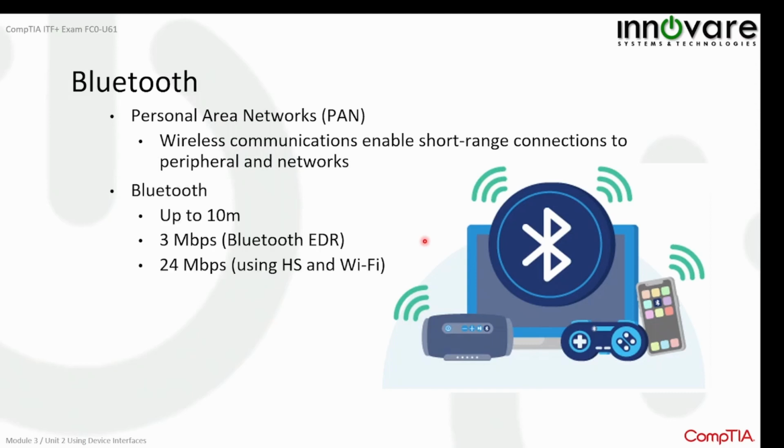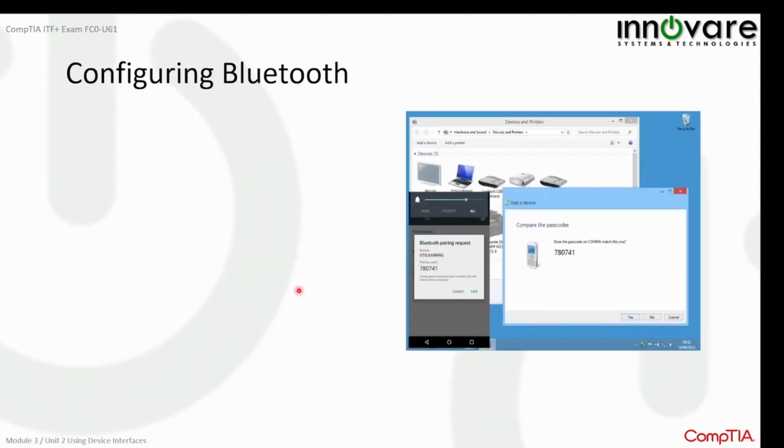When you connect even your phone, for example, it could go up to 10 meters distance and you still have good signal quality, sound quality, or image quality. It has a speed of 3 Mbps for Bluetooth EDR and 24 Mbps for Wi-Fi, wireless fidelity, as it is called.